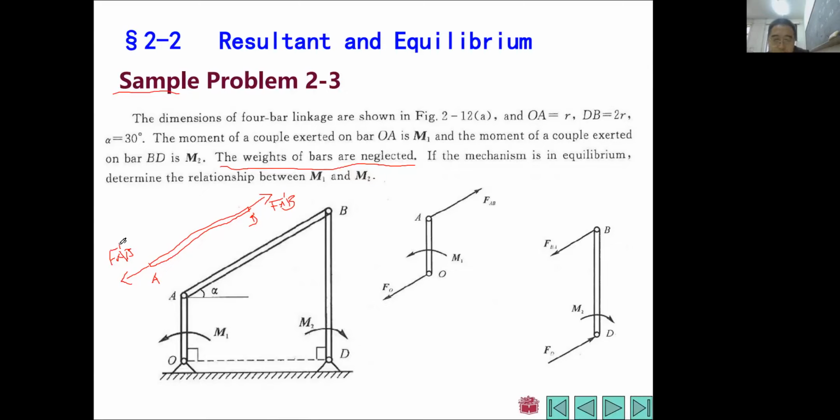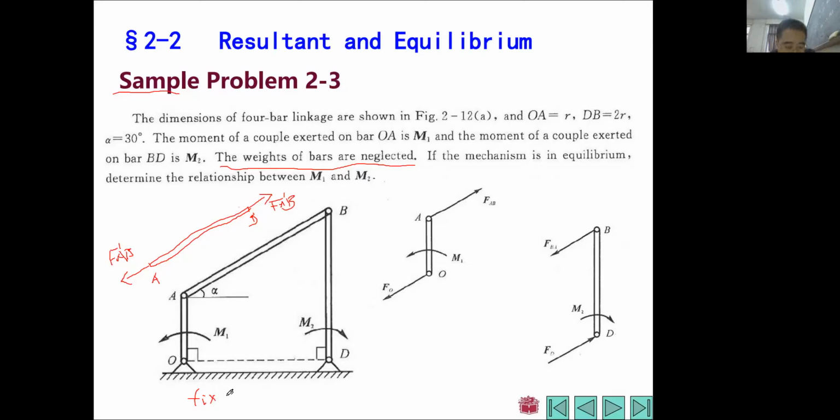So FAB and this FAB prime will be a pair of action and reaction forces, right? Now this point O constraint type is a fixed constraint. Do you remember? I told you that you should be very familiar with the 5 common types of constraint and know how to draw their reaction forces, right?